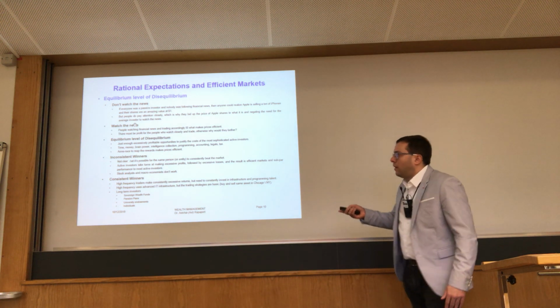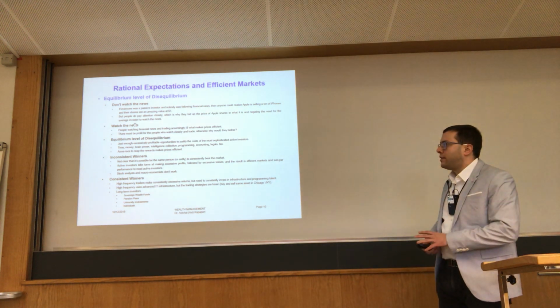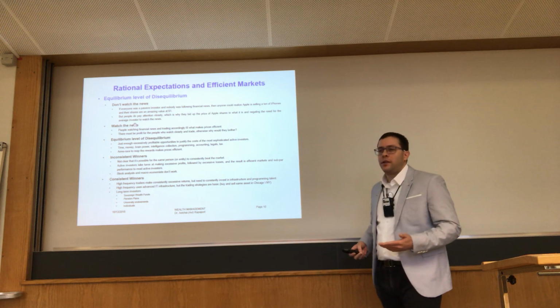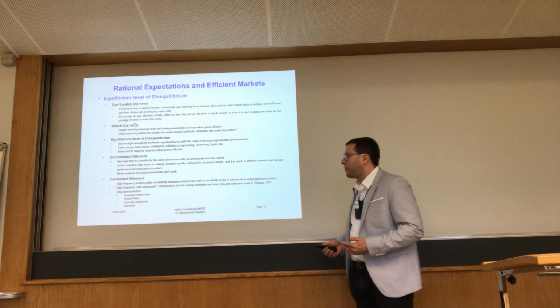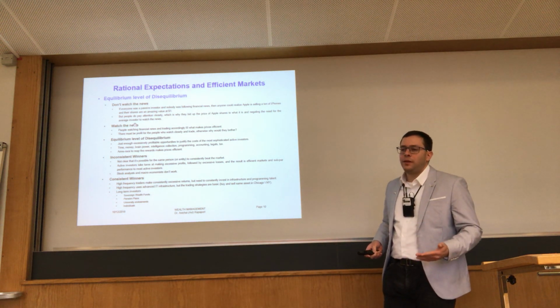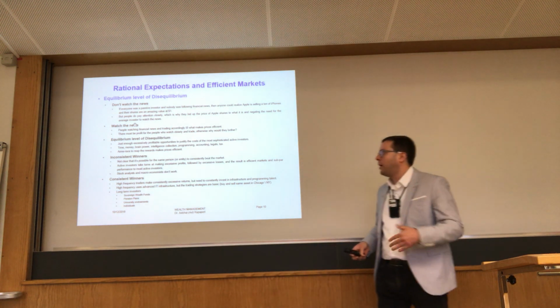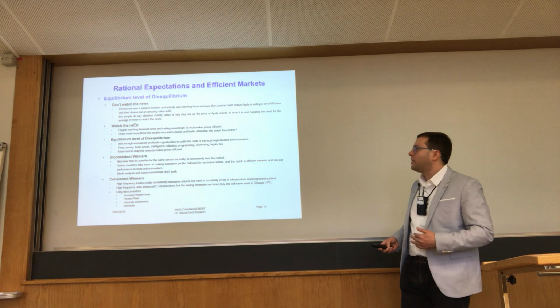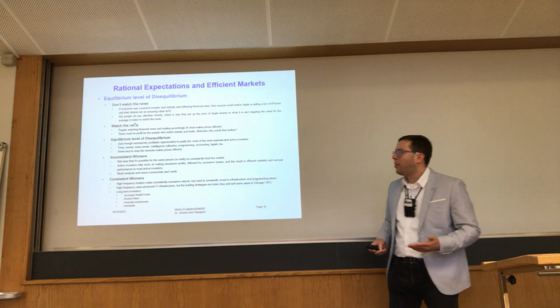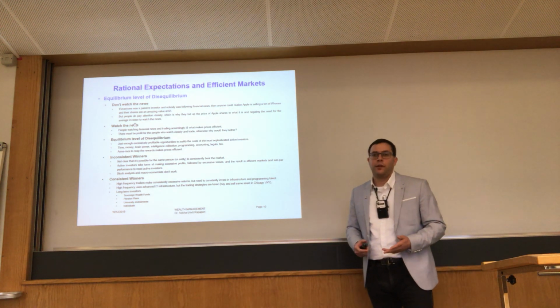Inconsistent winners. It's not clear that it's possible for the same person or entity to consistently beat the market. It seems like active investors take turns at making excessive profits, followed by excessive losses. The result is efficient markets, but subpar performance for most active investors.